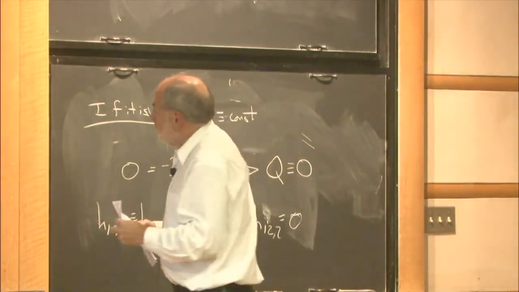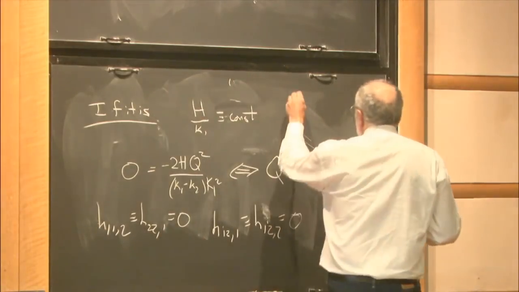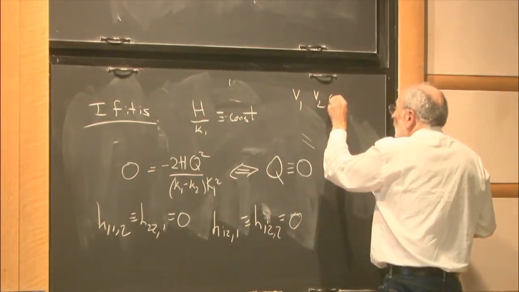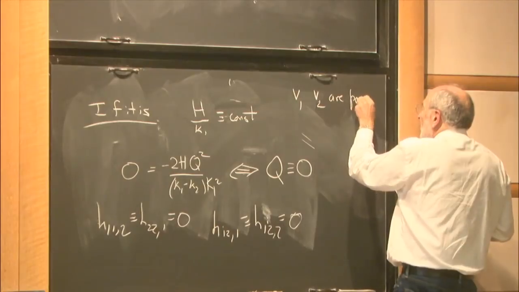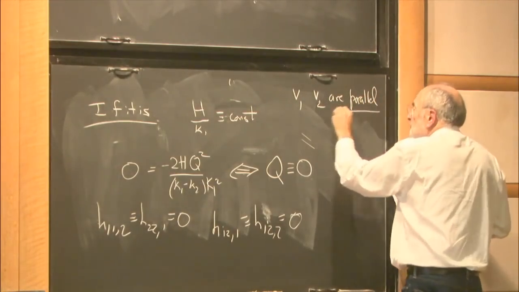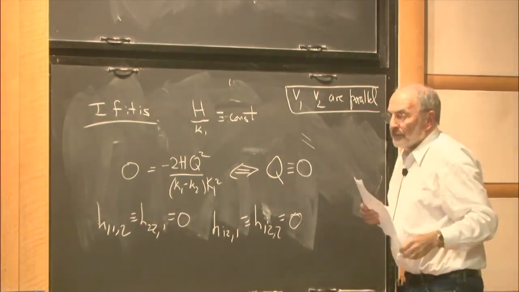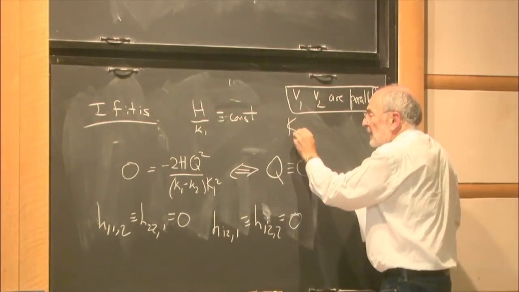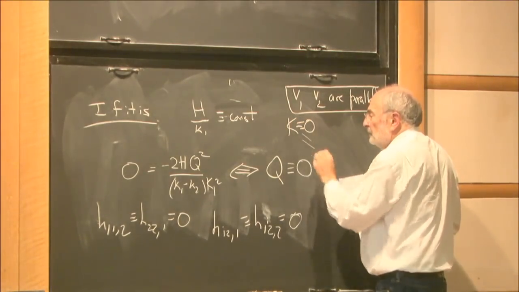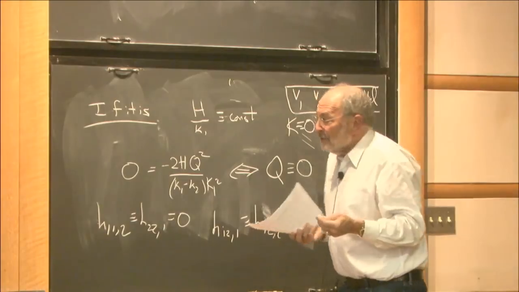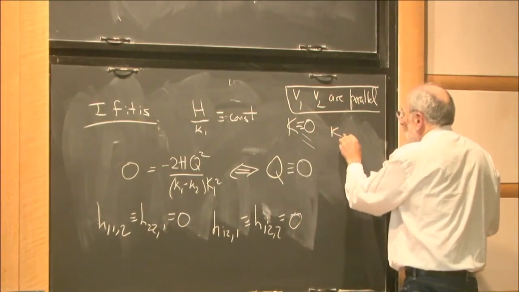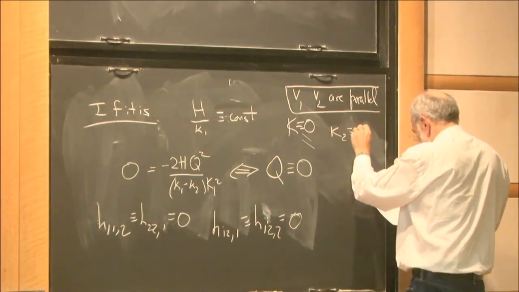Using this, you can show that these vectors, V1 and V2, are parallel on the surface. Parallel on the surface, you get the curvature is identically 0. K1 is positive, so that says K2 is identically 0.